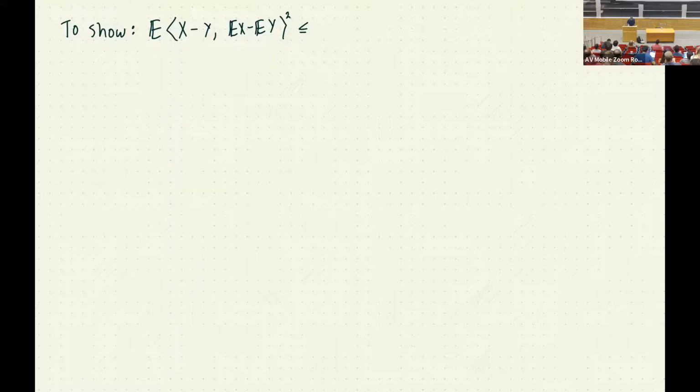Sorry for all of you writing in pen. We need to get this in terms of the variance of X and Y. So to get the variance, we need to center our random variables X and Y. So let's center them.